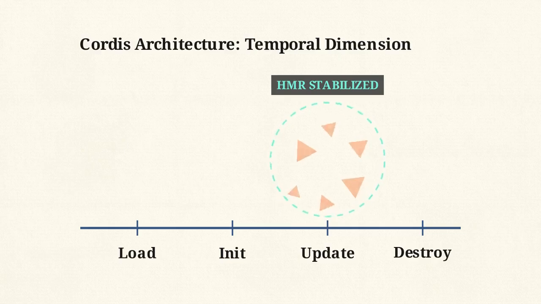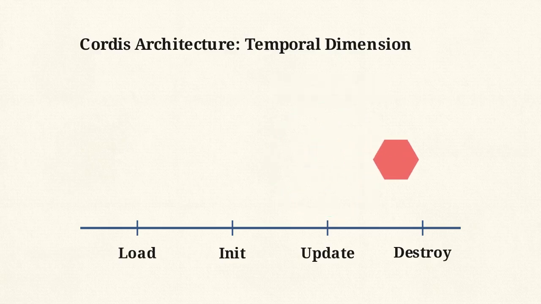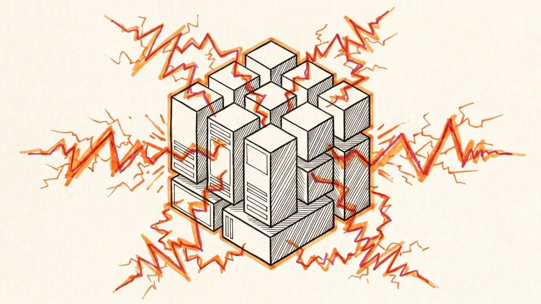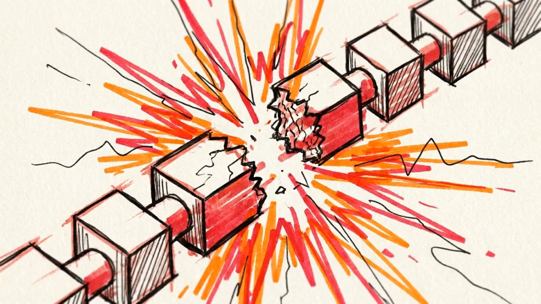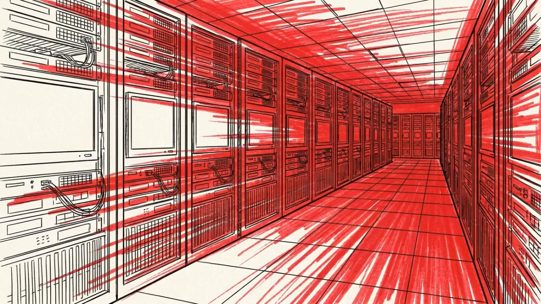Cordis is heavily focused on this exact problem, evidenced by core commits enhancing external detection for hot module replacement. Hot module replacement is the ultimate punishing stress test of temporal composability. Traditional architectures fail this test because they cannot safely sever a running plugin from the dependency tree. To change one piece of code, you have to restart the entire node process.